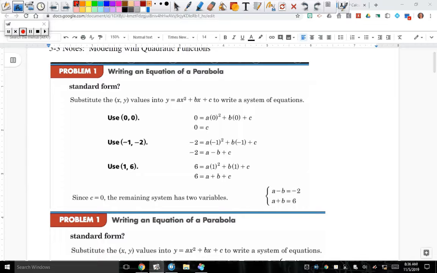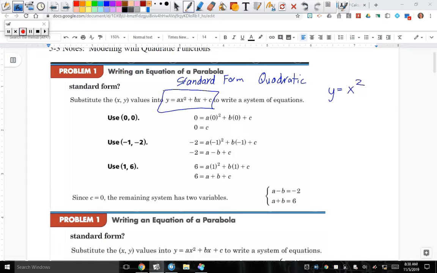So here is my standard form for a quadratic, and this is going to be in your notes. We are going to take the standard form for a quadratic, otherwise known as the kind of graph we're looking at in Unit 2. Just real quick, y is equal to x squared has this parabolic shape.